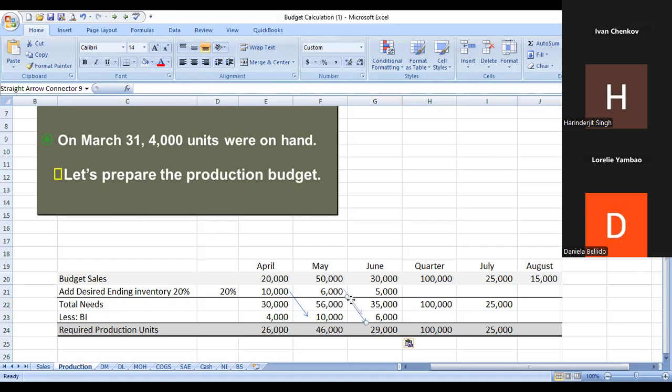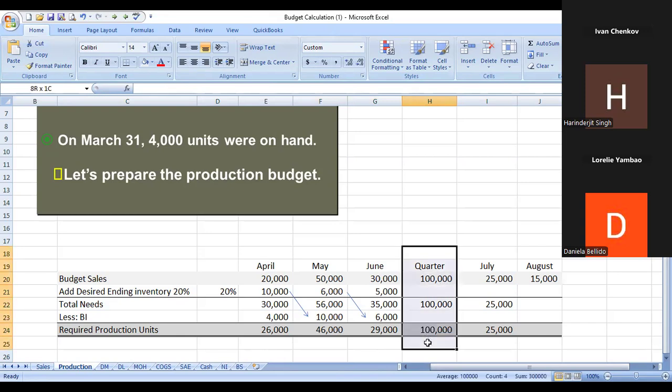The ending balance in May become beginning balance in June. Make sense? So, how many we need to produce in June? 29,000.